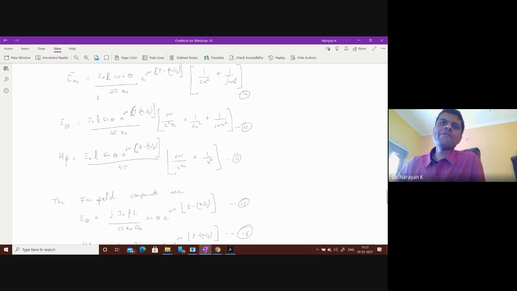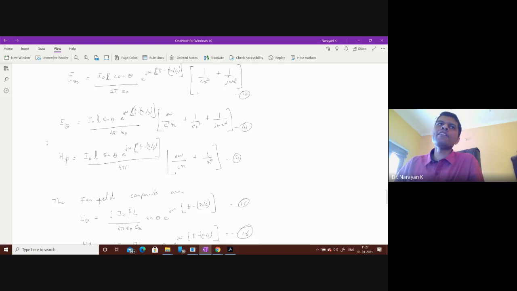Which is the radiating field here? H phi. The H phi component is inversely proportional to R. That is your radiation field component. The ER component is your induction field component, because it varies with the square of R. So if R is very large, ER becomes very small.